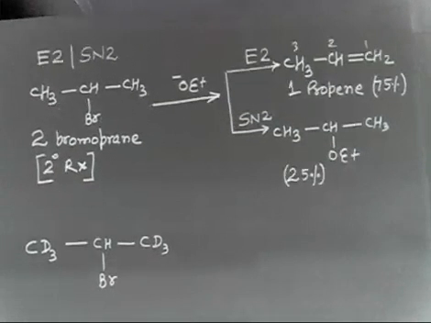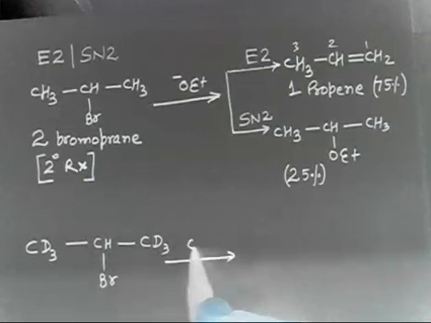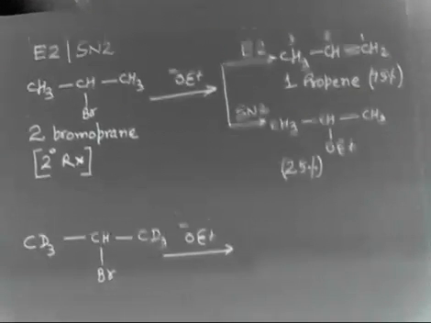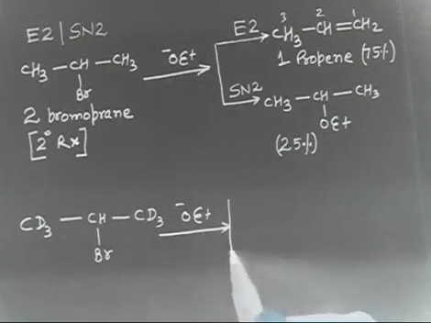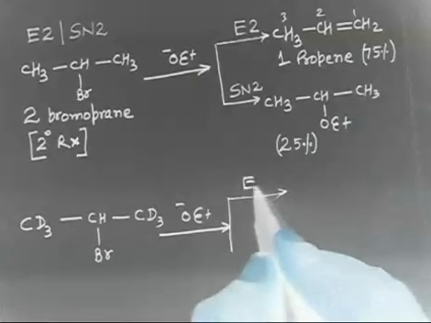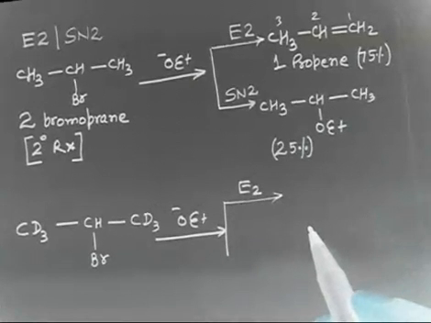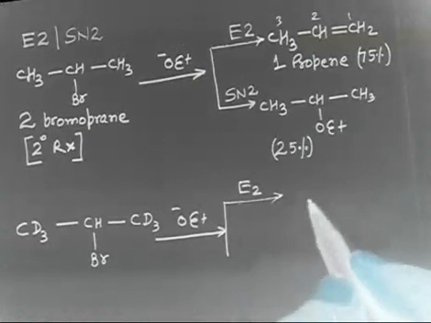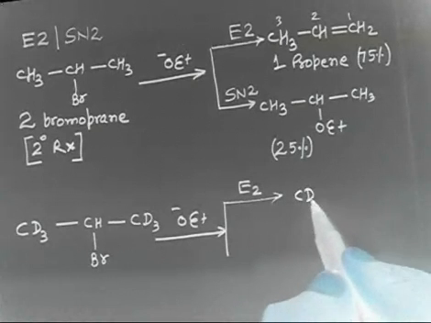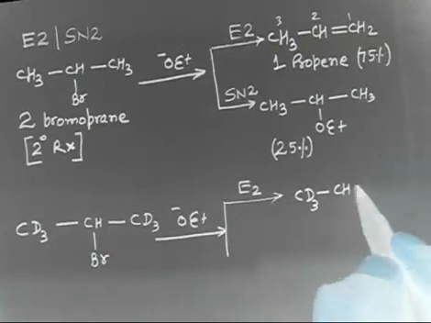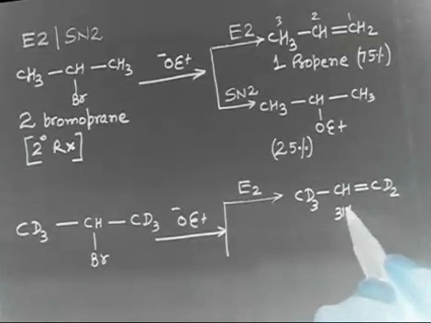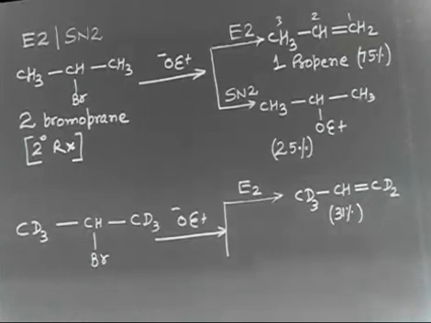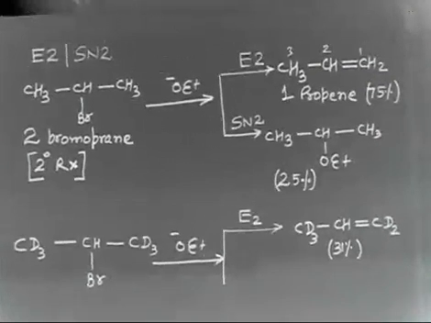Now if I do the same reaction with OEt minus, it gives 31% of alkene. With E2 elimination the product is CD3 CH double bond CD2. This is now only 31%. So this elimination product has reduced.